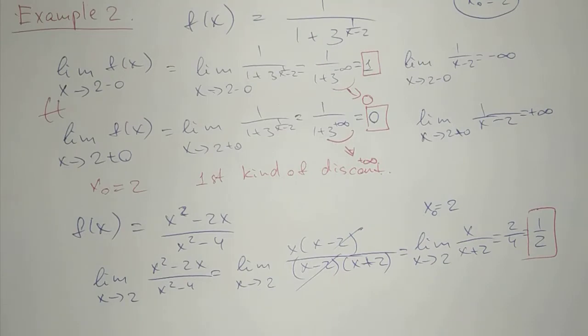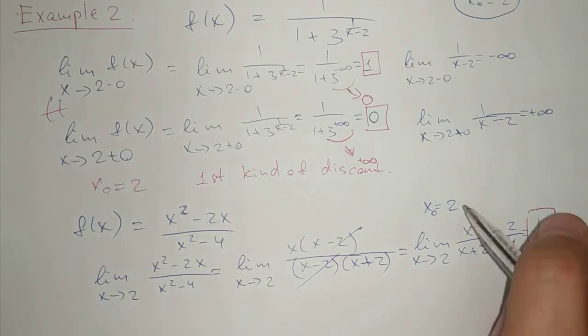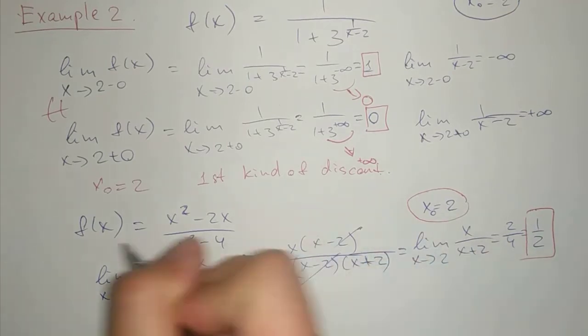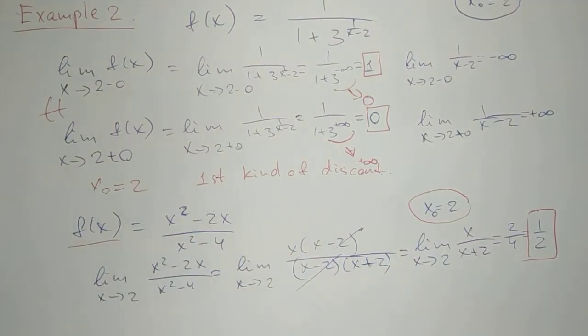But at the point 2, the function f(x) is not defined. Let's recall again the definition of types of discontinuity. There we have the first type, which means a removable point of discontinuity.